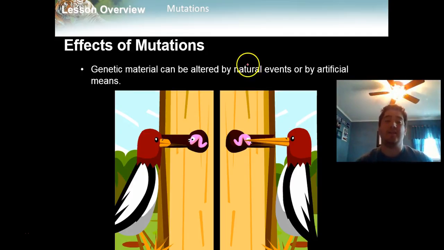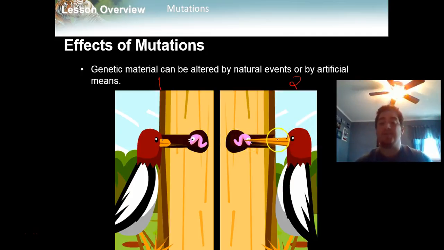Yes, sometimes if an organism can't make a protein now because it's had a chromosomal mutation, the gene for that protein was deleted, obviously it's going to die. But sometimes it can be a good thing, right? Let's pretend we had these two birds here, and they both originally had short beaks, but then bird number two had a translocation of a certain gene that made it expressed more, and that gene made his beak grow longer.